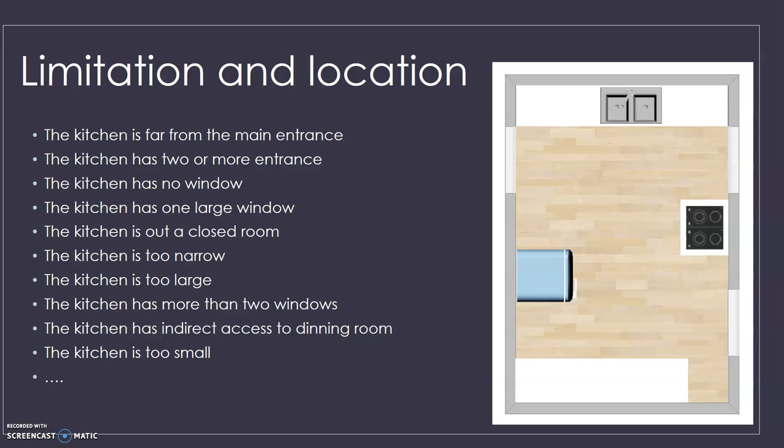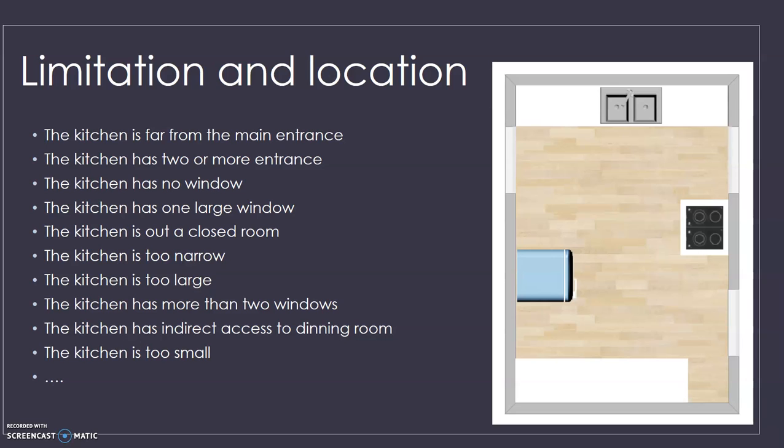too large. Yes, being too large can be a challenge as well, as you have to think about the lighting and the space that you create to make it more functional and more useful to the owner.